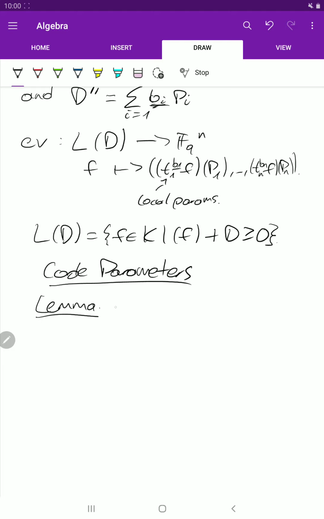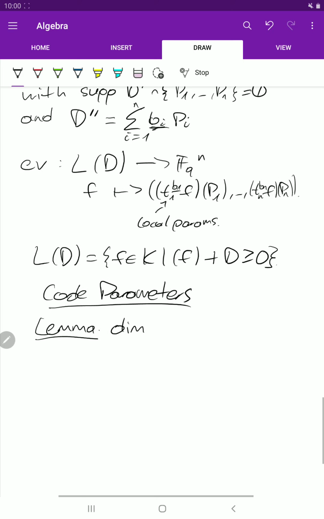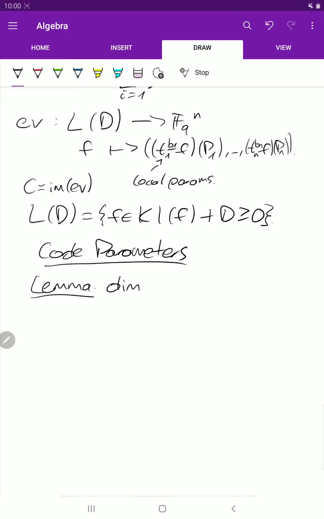The dimension of the code C, where C is just the image of this evaluation map, we call it k as usual, and this is the dimension of L(D).